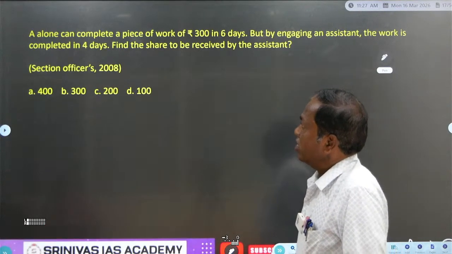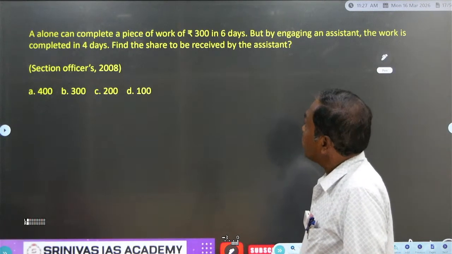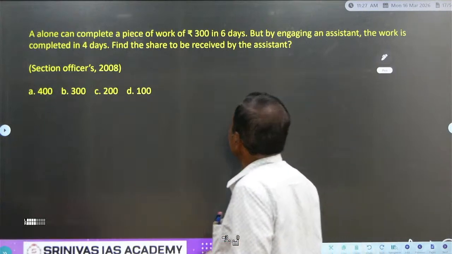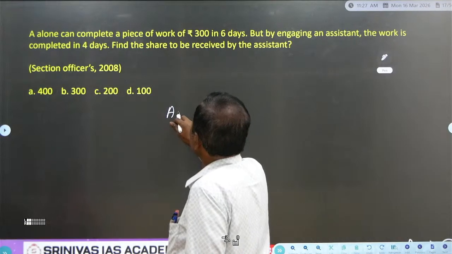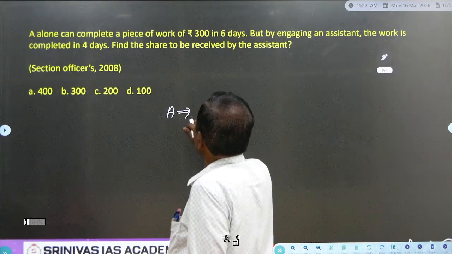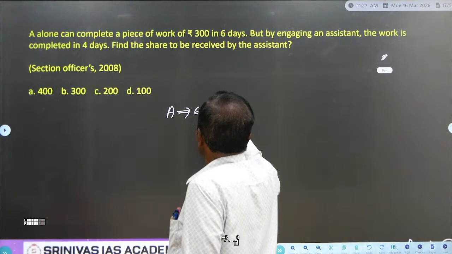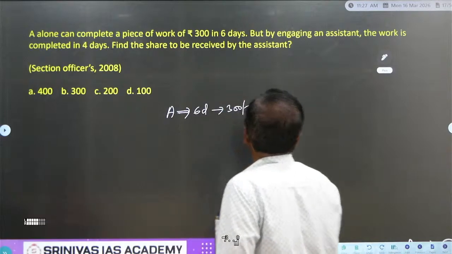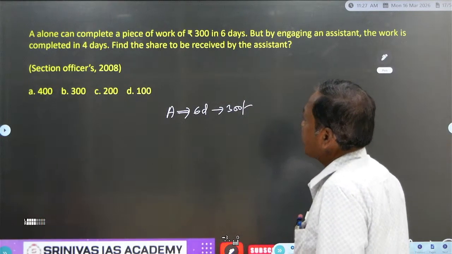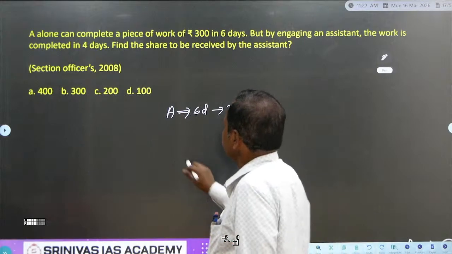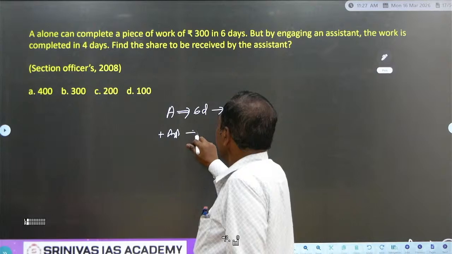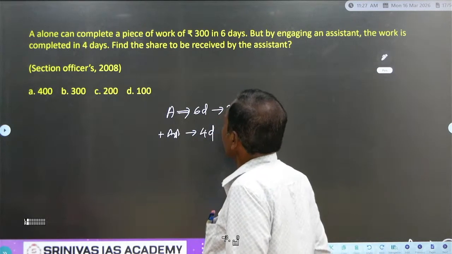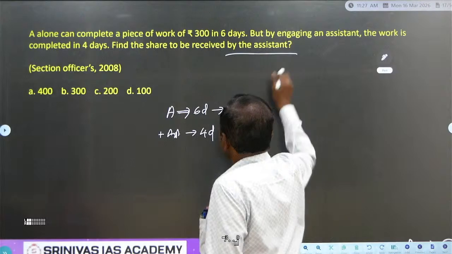Now, A alone can complete a piece of work for 300 rupees in 6 days. But by engaging an assistant, the work is completed in 4 days. Find the share received by the assistant.